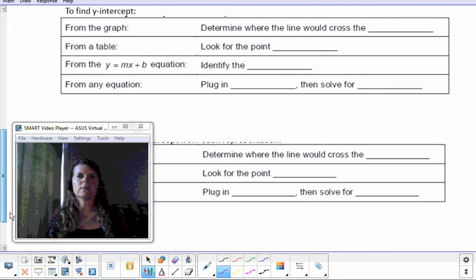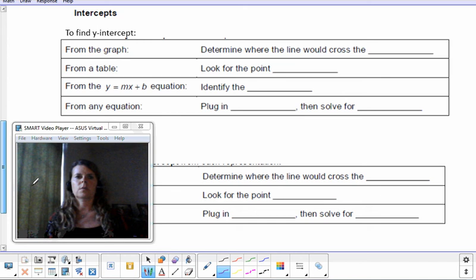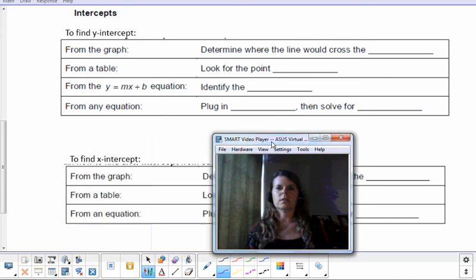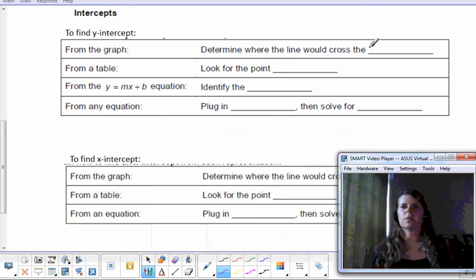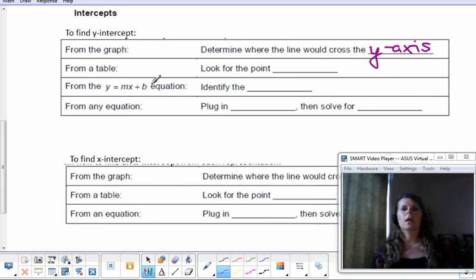Intercepts. The y-intercept, again, is where it crosses the y-axis. That's your vertical axis. On a table, look for the point with 0 for x, and then a number. And the number will be your y-intercept.